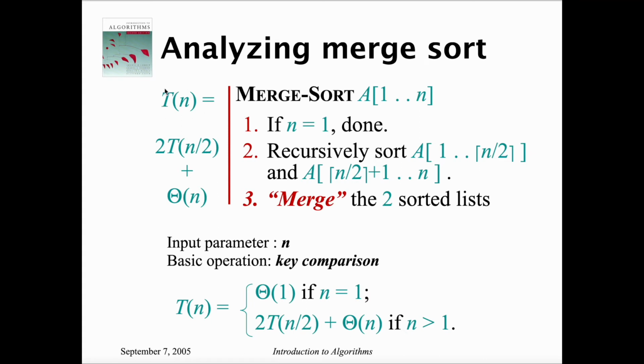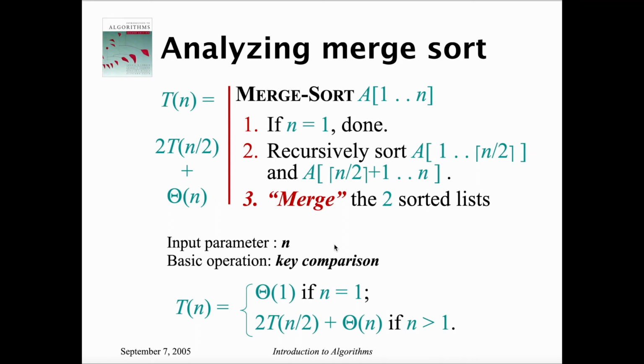We have T of n as the running time of merge sort, and it is equivalent to the running time of recursively sorting the first half and the second half. So that's equivalent to 2 times T of n over 2, since they are each half the size, plus something else. And that something else is for the merge part. Okay, so here we have an input parameter n, and the basic operation is still key comparison.